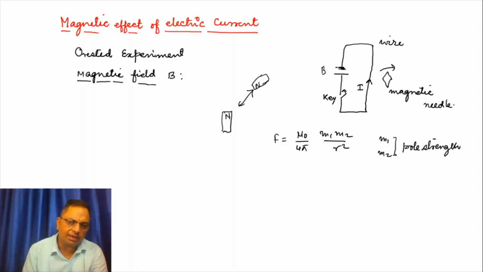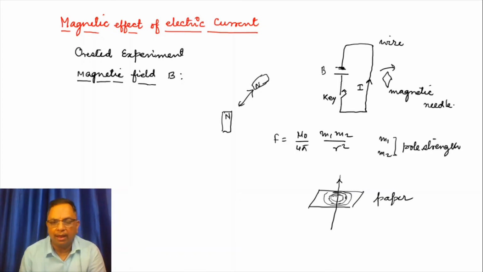We can take one experiment, one activity. In your previous class you have done this also. You take a wire, you put a paper, and you sprinkle iron dust over it, and when you pass a current through it, you find that the iron dust will be rearranged around the wire in a concentric circle form, and this concentric circle will show the magnetic field of the current passing through the wire which is threading the paper.